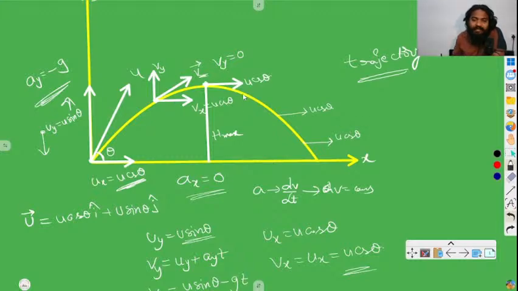But the vertical velocity changes. As it is going up, the vertical velocity decreases.